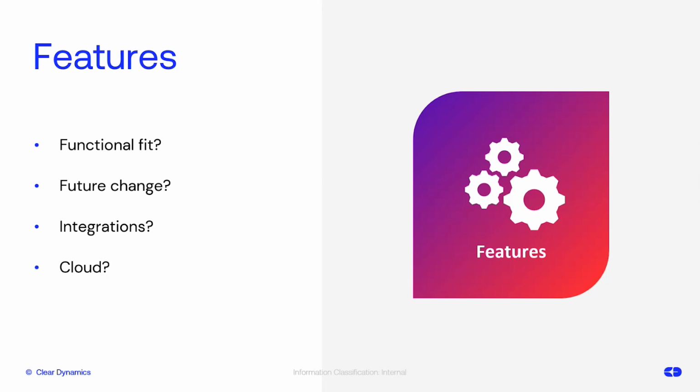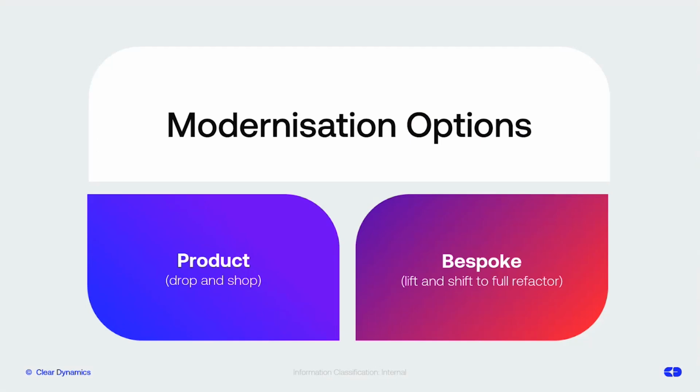So now that we've covered those assessment metrics, what are the options in the market? You really have two key options when it comes to replacing a system. You're either going to purchase a new product, so you're going to drop your existing system and shop for something new and off the shelf, or you're going to be looking at something bespoke.